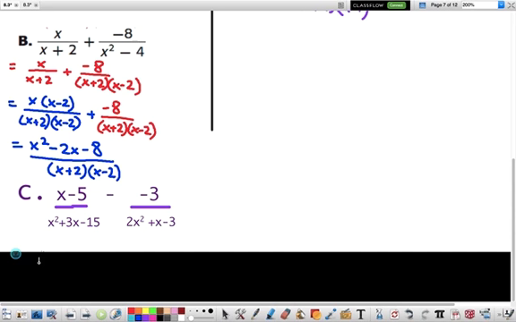So if you look at the first couple steps, you're having trouble. You have to multiply by the special 1. Well, what's the special 1? This is x plus 2. I need it to be x plus 2 times x minus 2. So that means my special 1 needs to be x minus 2 over x minus 2. Right?